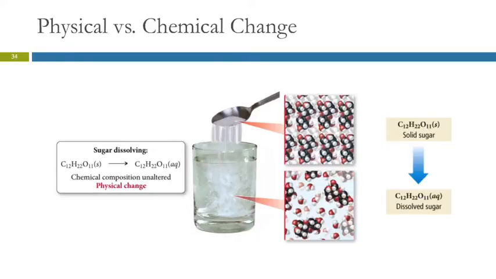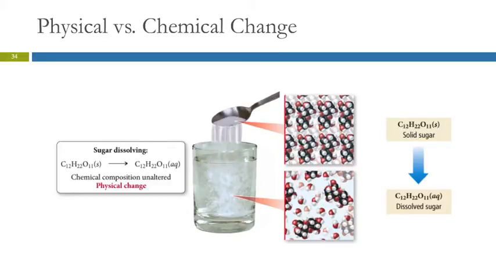Sugar dissolving. We talked about putting sugar into tea, right? So here we have the chemical formula for sugar. And when we put it into water, so here's the solid sugar, and that's what the molecules look like. When we put it into water, the individual molecules are going to come away from each other, but each of those molecules is going to look the same.